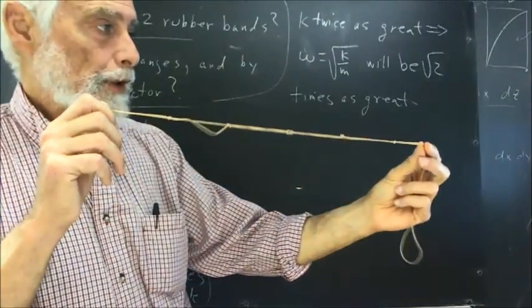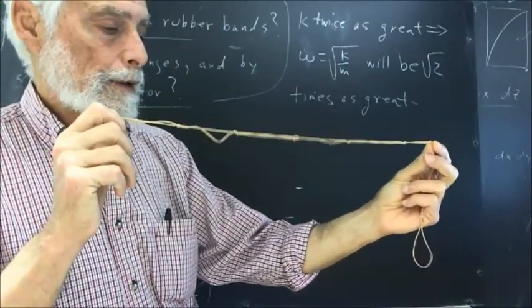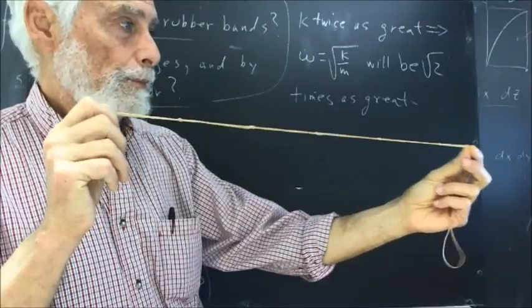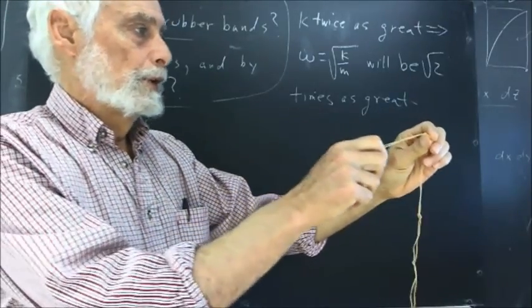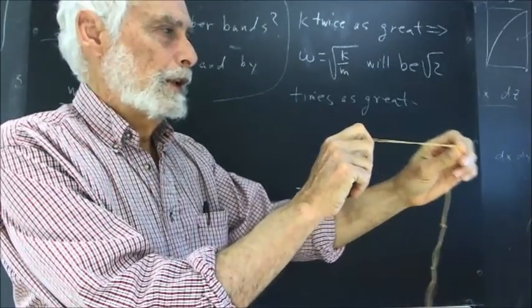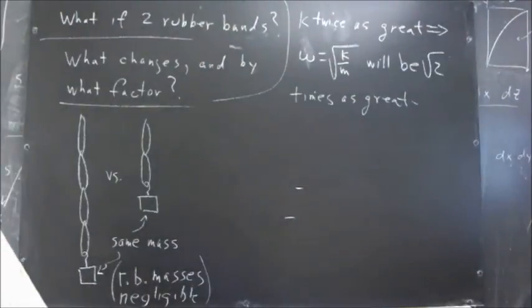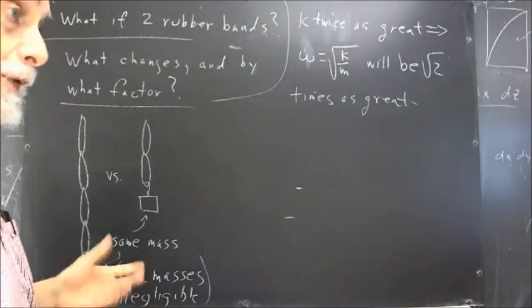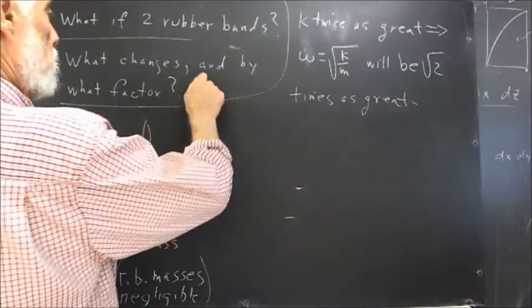If I want to extend this, let's say this far, and I grab a pretty good length of the chain, and then I grab a shorter piece of the chain and try to extend it the same amount, it takes much more force. So that K definitely increases when you shorten the amount of chain you have. Why is that?